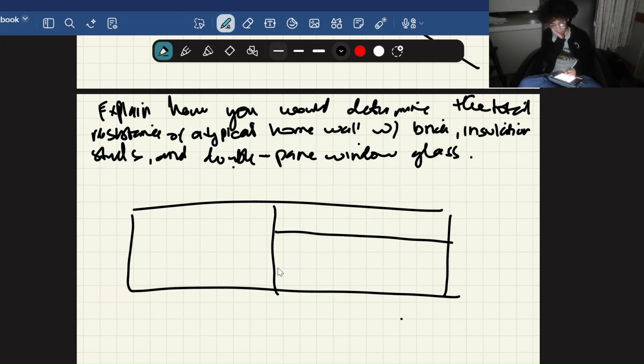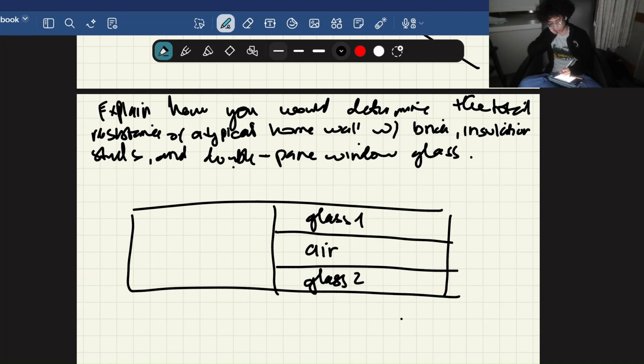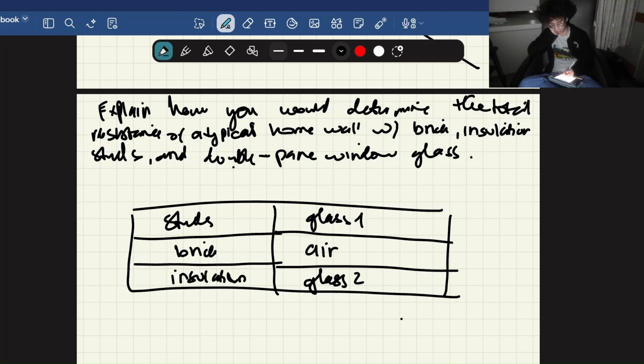So over here we would have air, glass one, glass two, and then over here we would have stud, brick, insulation. So let us pretend this over here is the room, this one is air, and heat travels down from room temperature to air temperature.